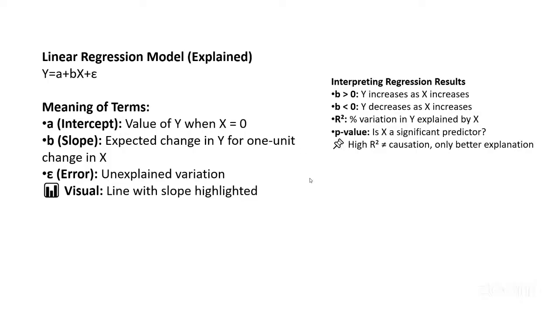And the extra note is this: high R square doesn't mean causation. It only explains the result better. For causation, we have different theories like causal inference. Through regression we don't get the idea of causation.